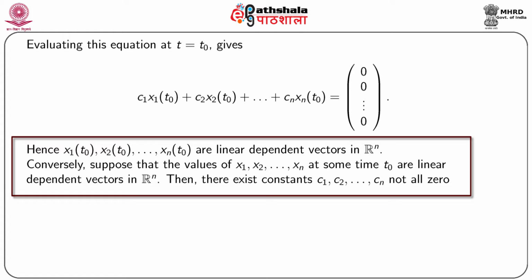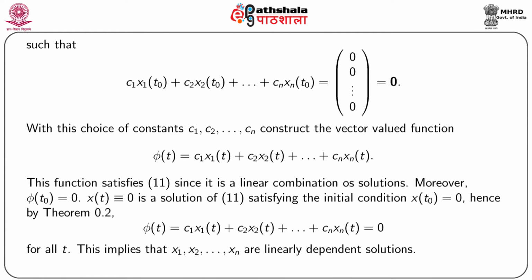Conversely, suppose the values of x1, x2, ..., xn at some time t0 are linearly dependent vectors in Rn, then there exist constants C1, C2, ..., Cn, not all 0, such that C1 x1(t0) + C2 x2(t0) + ... + Cn xn(t0) = 0 vector.